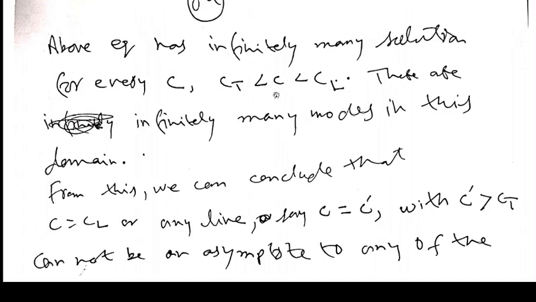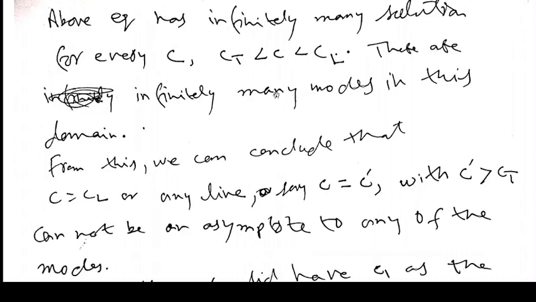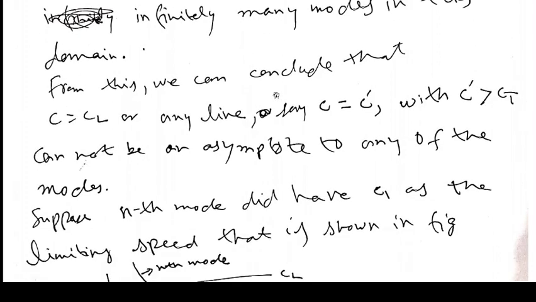So from there we are saying that there is no line above CT, either it is CL, or between CL and CT, or above CL, which can be an asymptote to any of the modes.